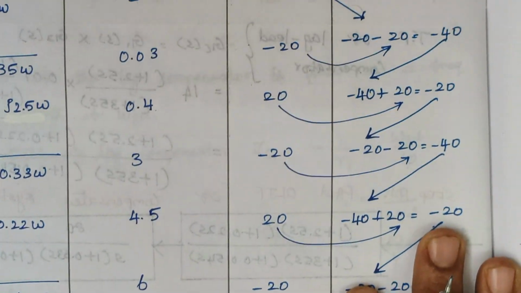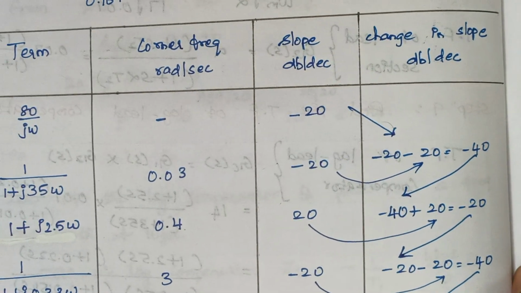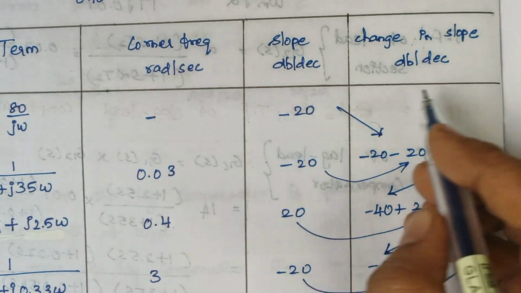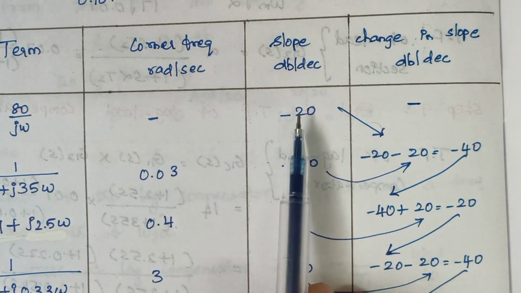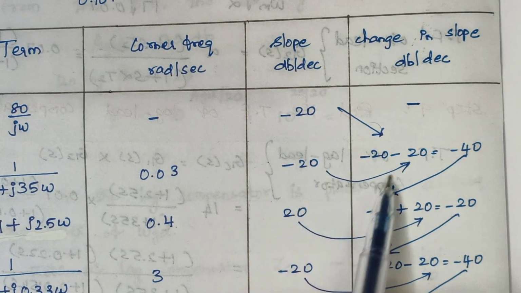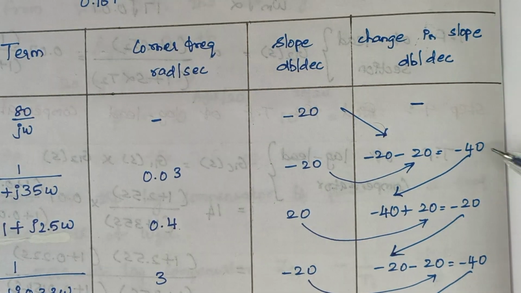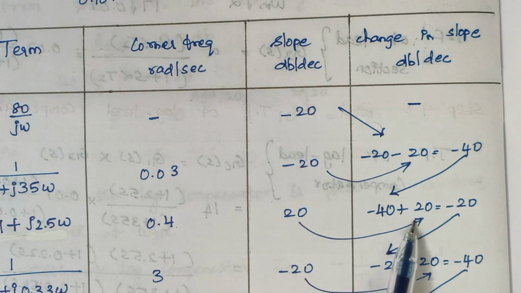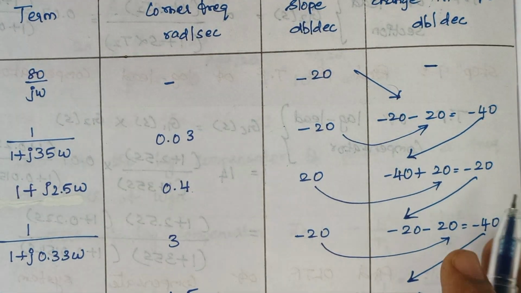Now we are going to calculate the change in slope. The constant term and individual omega will never contribute a change in slope. Then we move this minus 20 downwards and this minus 20 to the right hand side, which gives minus 40. Likewise, we move this minus 40 downwards and this plus 20 here, so minus 40 plus 20 gives minus 20.